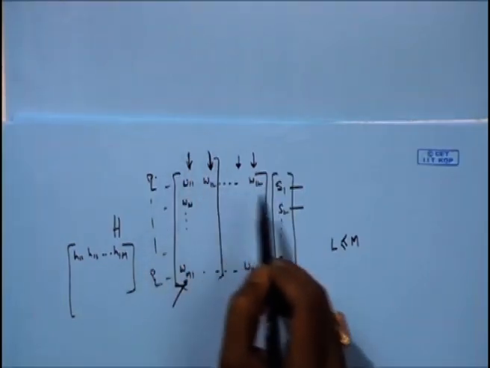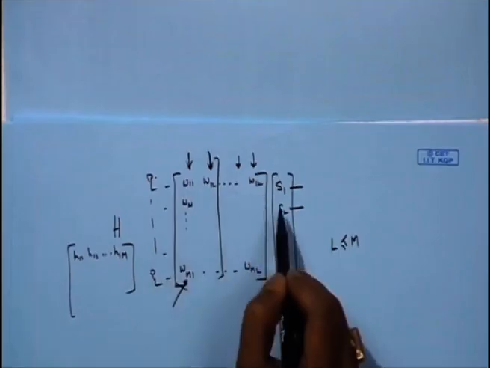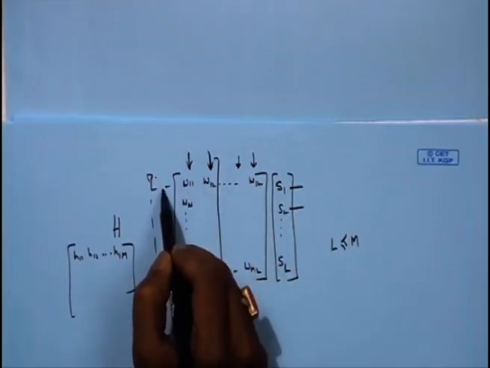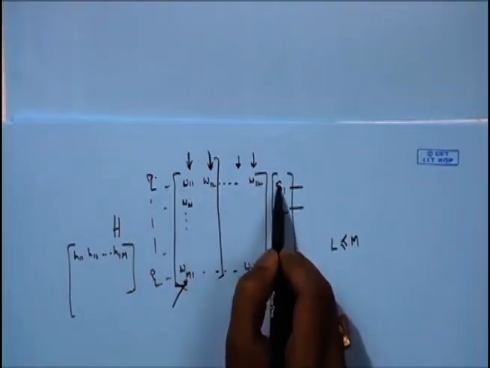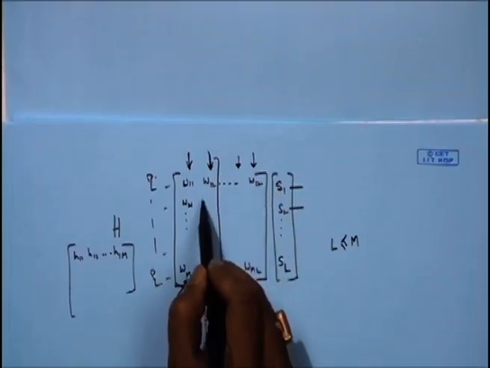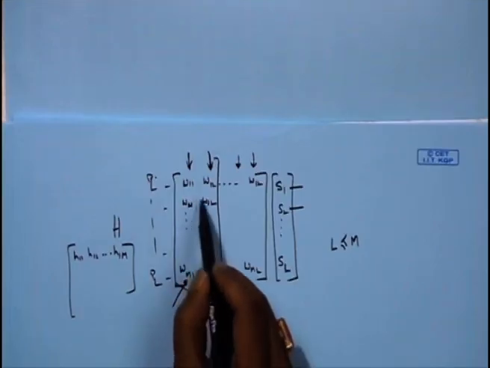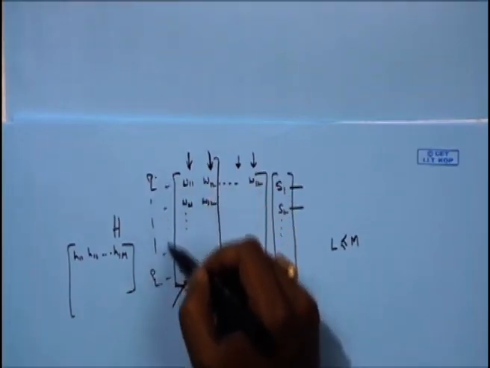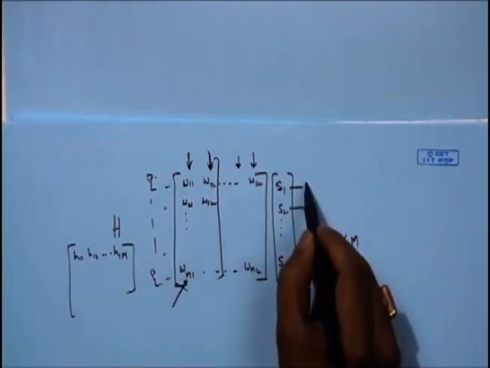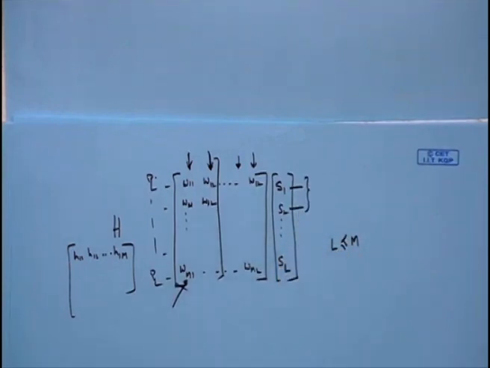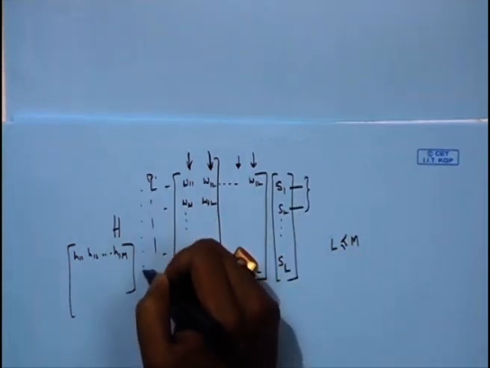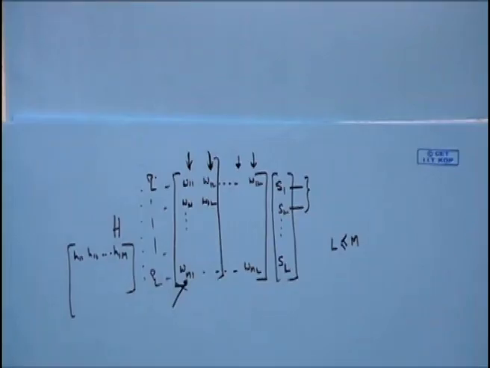That means, S1 times W11 plus S2 times W12 goes to the first antenna, W21 times S1 plus W22 times S2 goes to the second antenna, and so on. So, we are sending S1 and S2 over several multiple paths. So, there are 2 spatial streams, whereas these different paths provide diversity gain to the system.